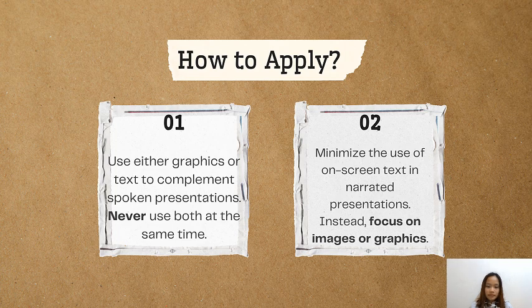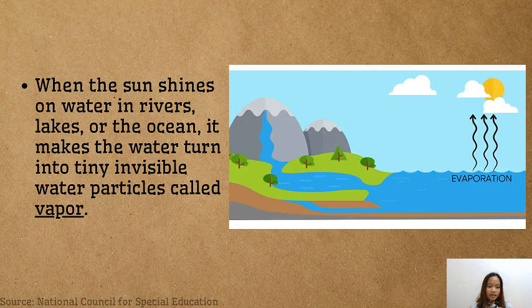Here is an example. In this slide, I've shown you words, and I've also shown you graphics, and then I would tell you, when the sun shines on water in rivers, lakes, or the ocean, it makes the water turn into tiny invisible water particles called vapor. Although it's a very short one, it's still a redundancy because I read from the slide.